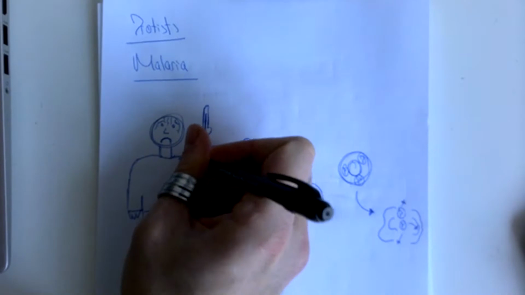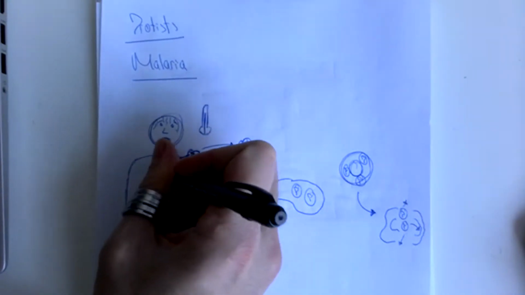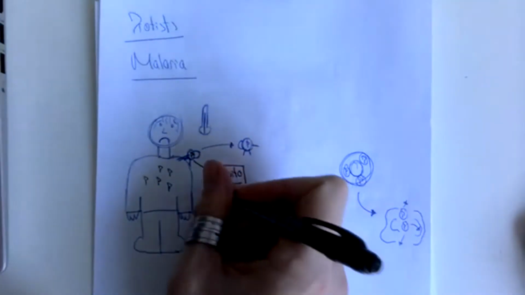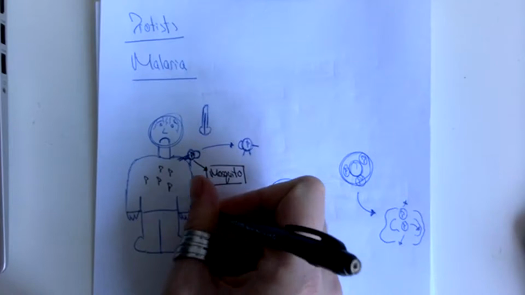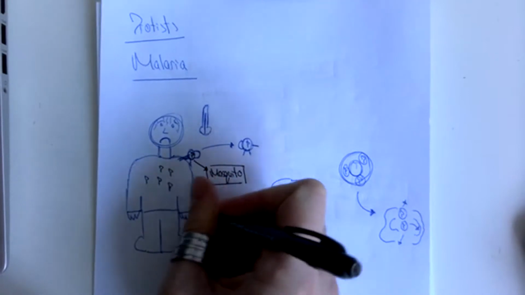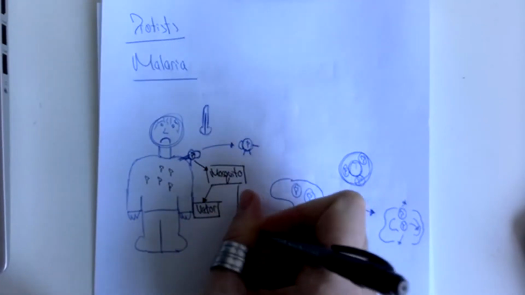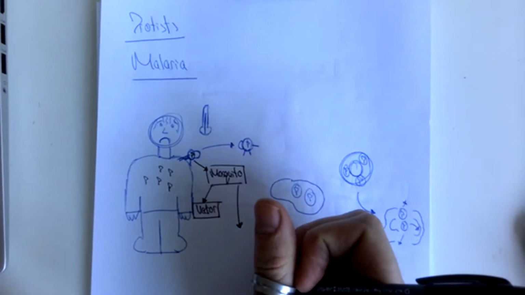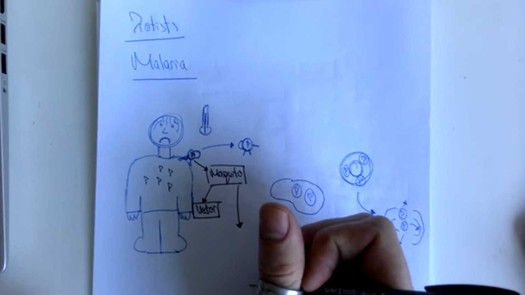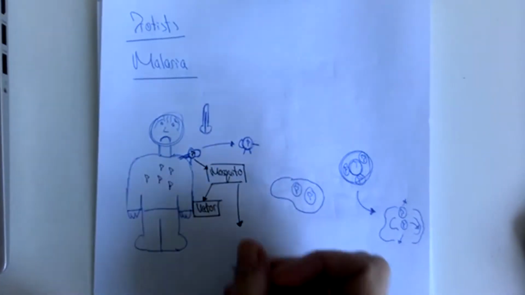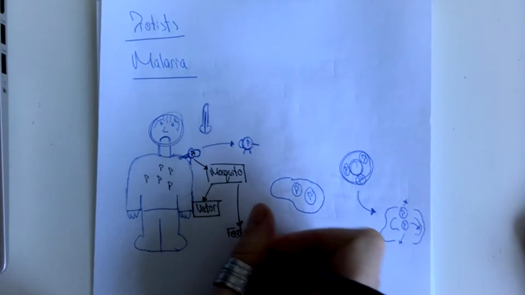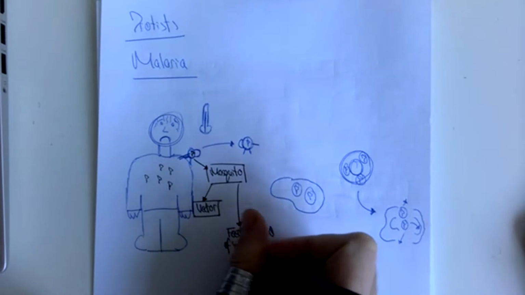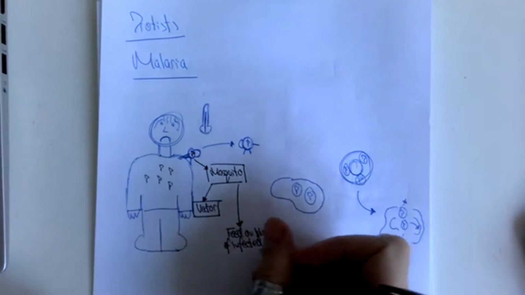That carry the protist pathogen and act as a vector. And the way in which they transmit the protist pathogen into organisms such as people is they feed on the blood of infected people, allowing protists to get into the blood.